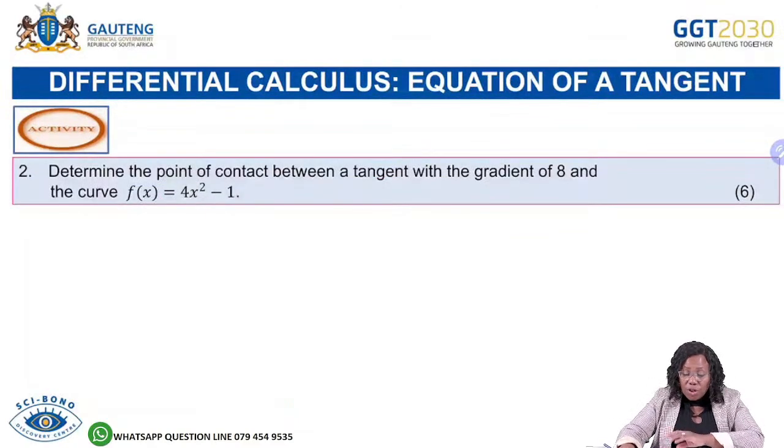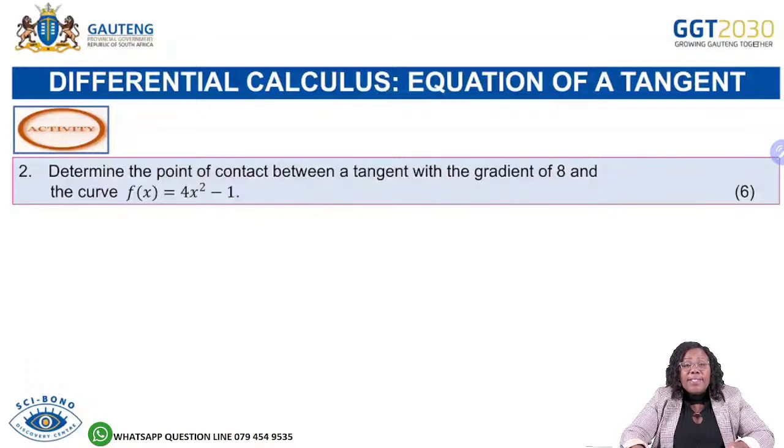And then the next question, now we are still on the equation of a tangent. Let's see on this one what is expected from you, grade 12. We are given a different way of asking the equation of the tangent, trying to unfold different types to you.